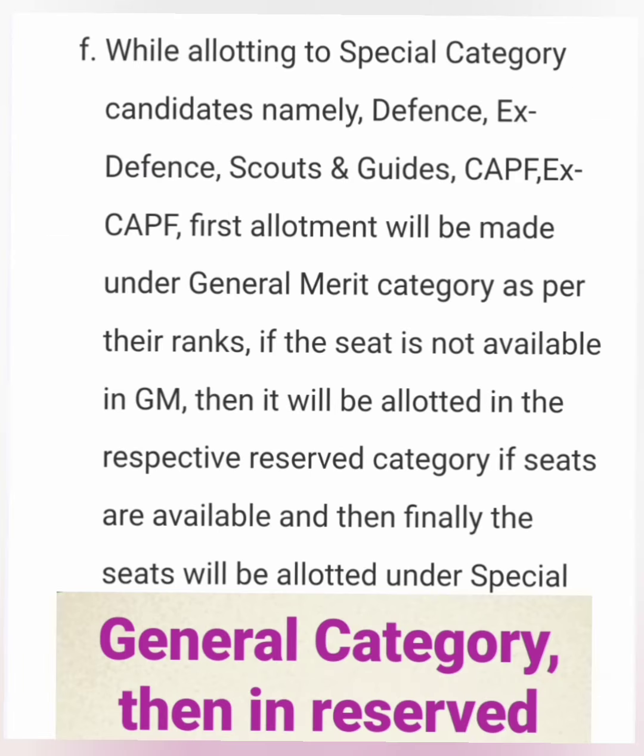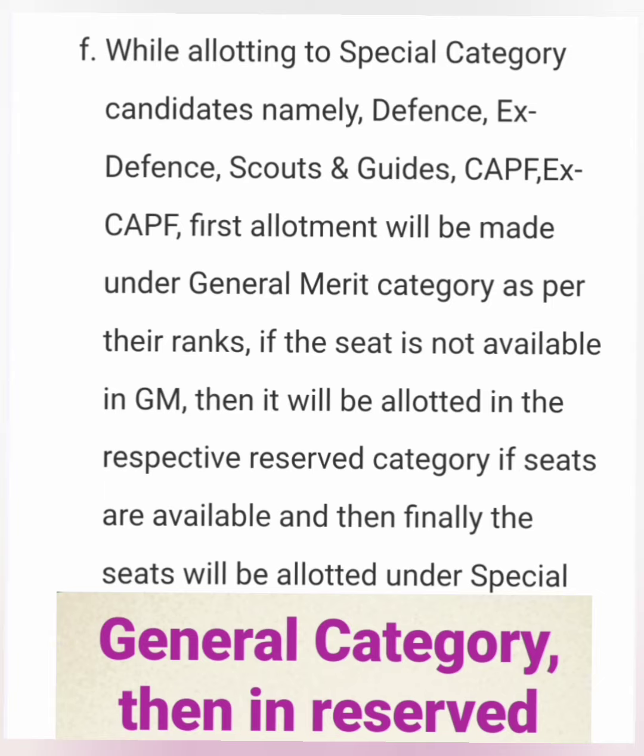That's all. Now point number F is for the special category, which are like defense categories, ex-defense, scout and guide, CAPF, ex-CAPF, right? So in this category also, all the students will first have their rank checked by the computer for the general merit seat. If a general merit seat is available, they will be provided a general merit seat.